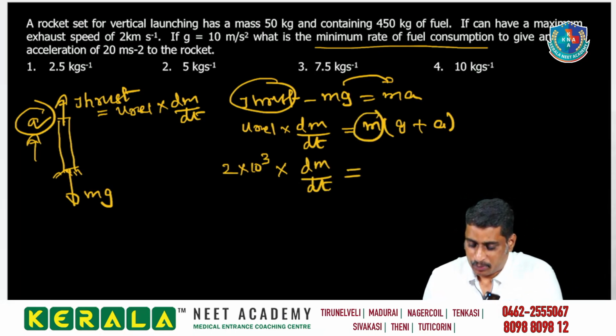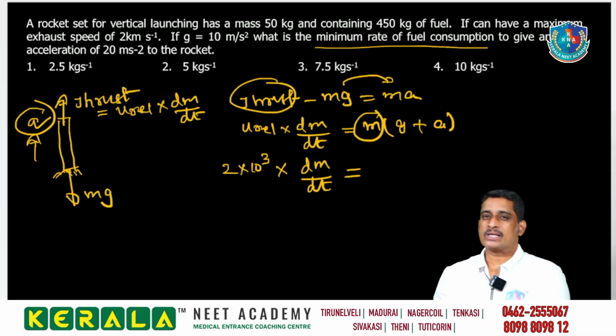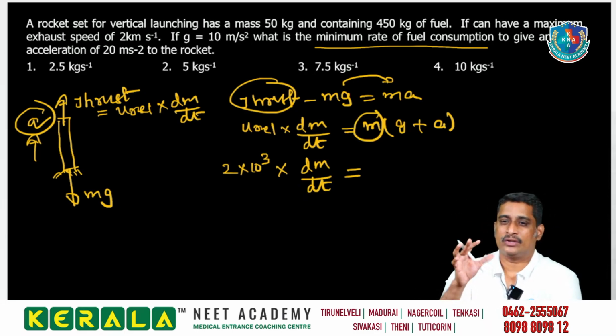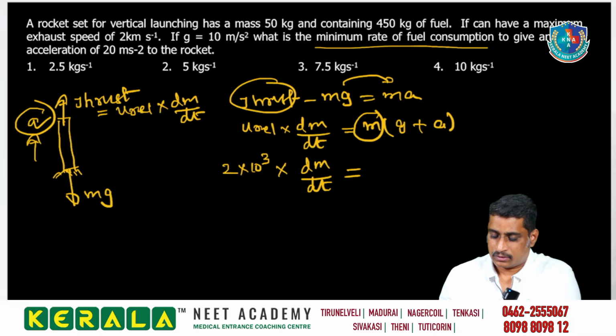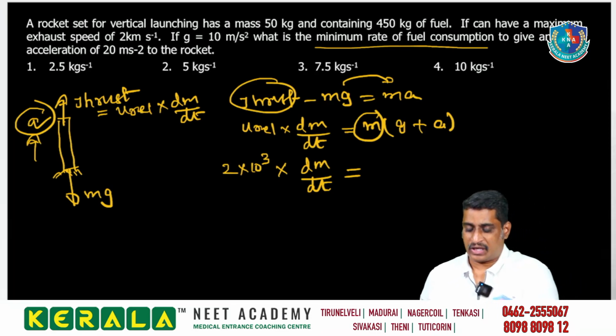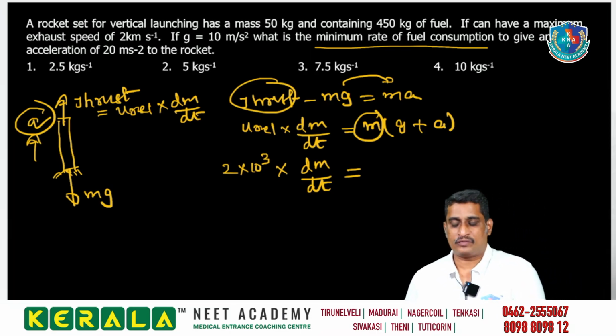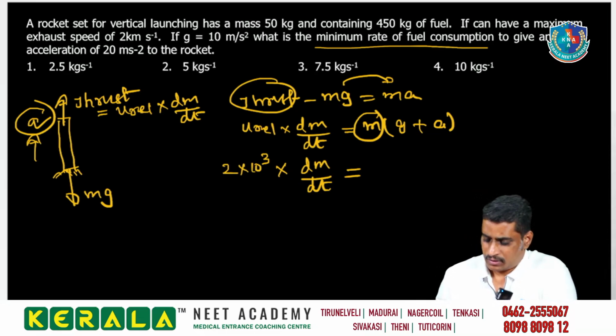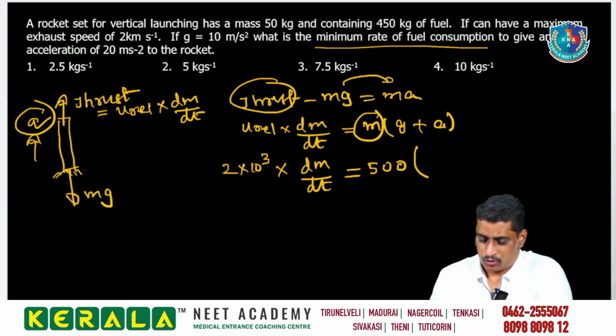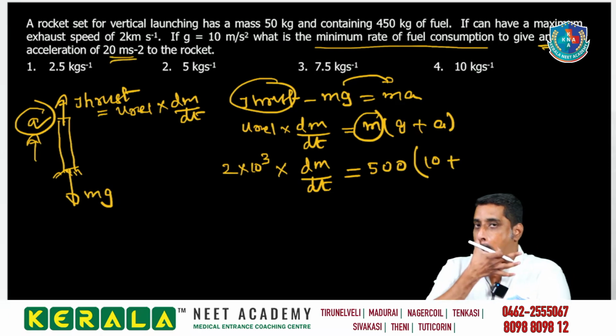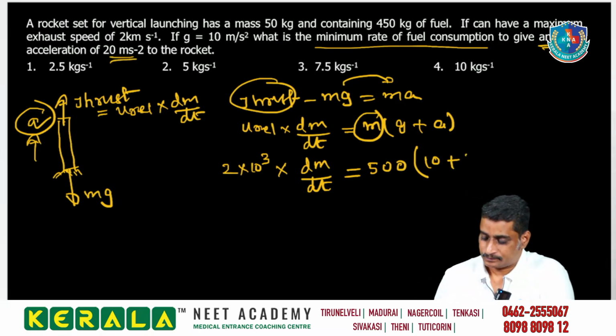And here m represents the total mass of the rocket including the fuel. Here the mass of the rocket they have given is 50 kg and it contains 450 kilograms of fuel. Therefore, the total mass will be 500 into the value of g they have given, 10, plus the initial acceleration of the rocket they have given, 20 meter per second square.